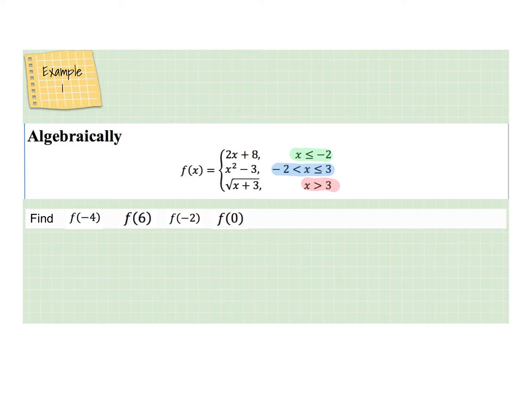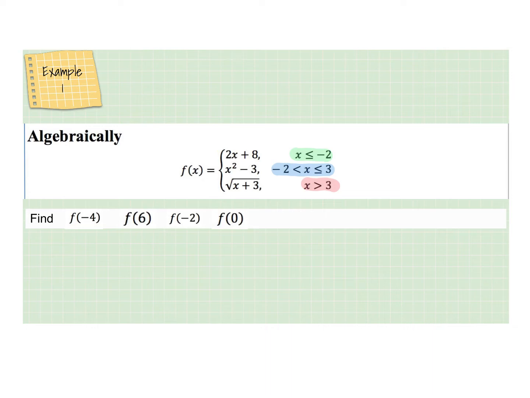Those values that I highlighted, x is less than or equal to -2, -2 is less than x less than or equal to 3, and x is greater than 3, usually represent what x values are part of that equation. So for example, we're going to start off with f of -4.